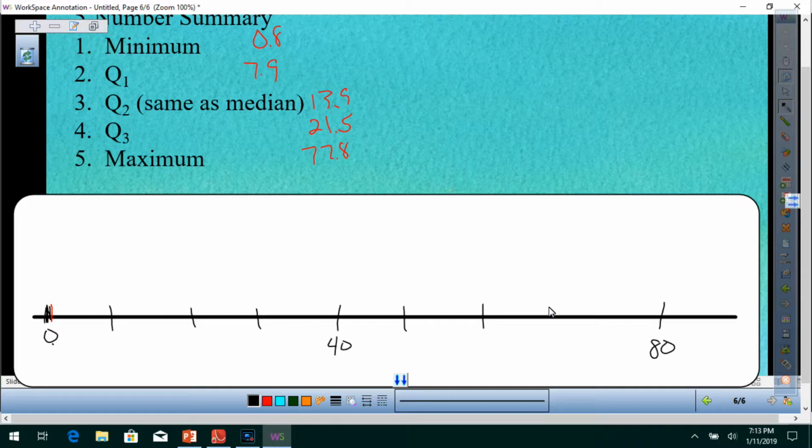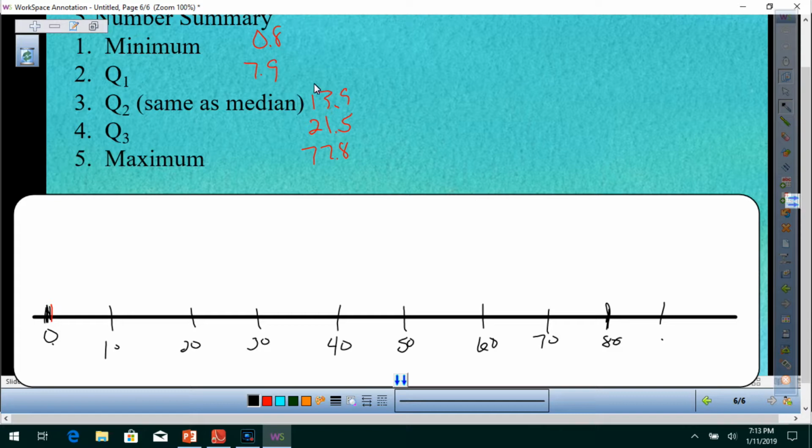That didn't quite work out. 70, and I'll move 80 over here, to make it kind of symmetric. I like for it to be a little symmetric. 10, 20, 30, 50, 60, 70.